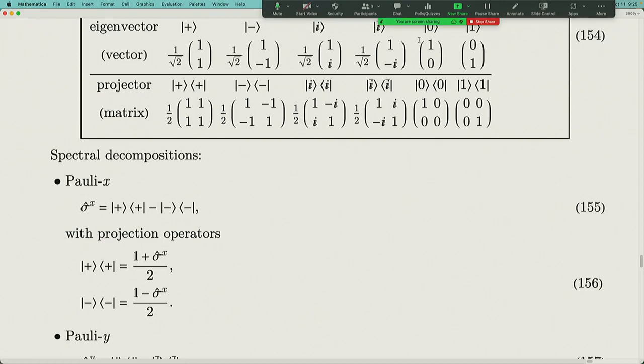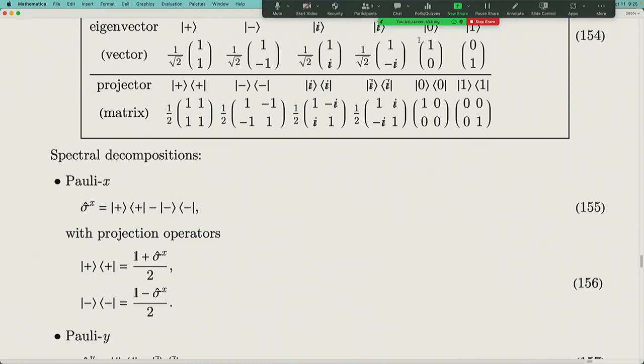So that's why, with this projection operator, on one hand, you can write it as a matrix like that. On the other hand, at a very abstract level, you can write it as a linear combination of the identity matrix and the sigma x operator. So this minus projection operator is the identity and sigma operator combined in the other way.